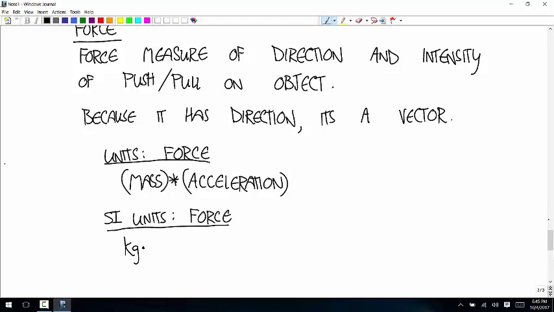What are the units for acceleration? Meters per second squared. And so the SI units for force are kilogram meter per second squared. Force is something we use all the time, and that's a pretty cumbersome unit to carry around all the time. And so 1 kilogram meter per second squared is given the name Newton. And the abbreviation is capital N.